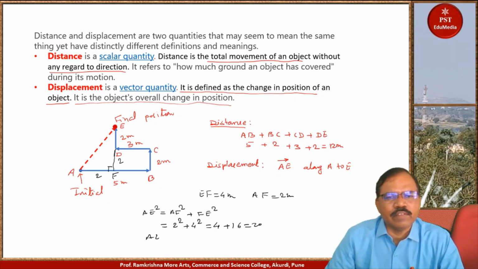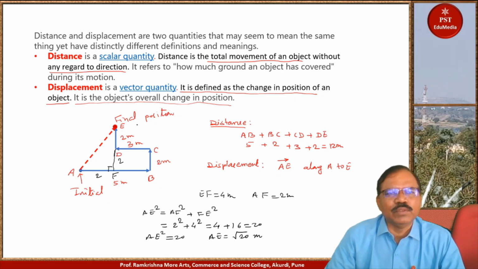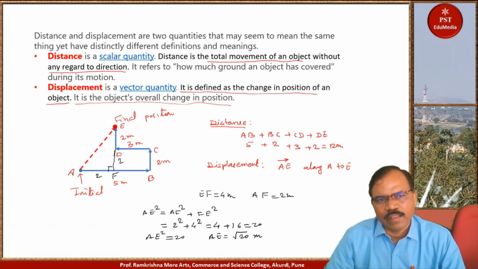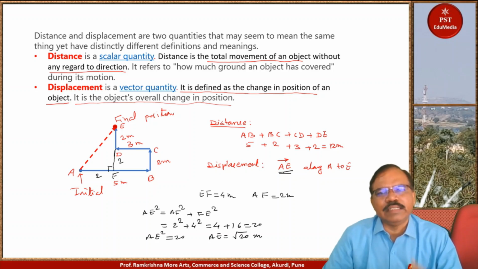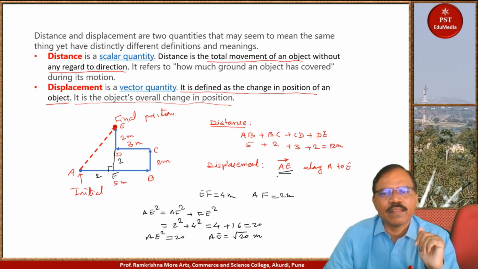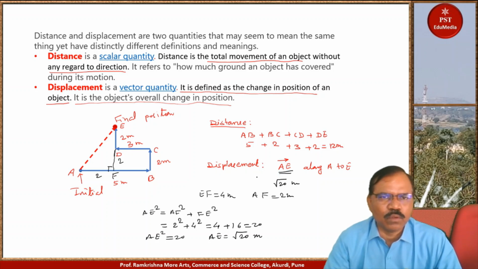So AE square is equal to 20, so AE is equal to root of 20 meter. This is the distance between initial position and final position, and this is along AE. So AE displacement is represented as vector AE having magnitude root of 20 meter.